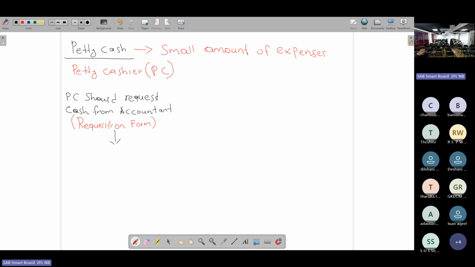And the accountant should withdraw. Second one, the accountant should withdraw the money based on his request.